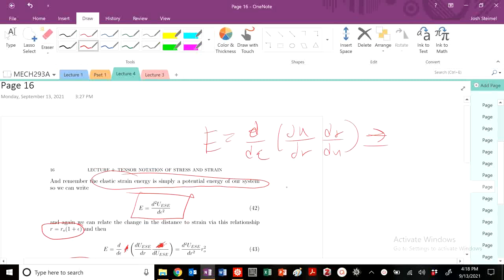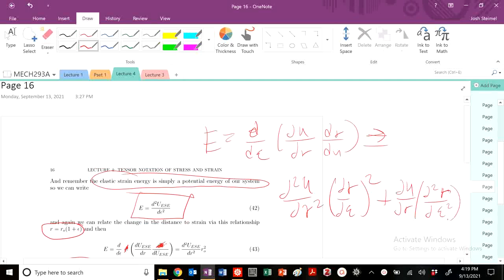So what I'm going to do, d squared U, excuse me, let me write that a little clearer: d squared U dr squared times dr d epsilon squared, plus dU dr and then d squared r d epsilon squared.